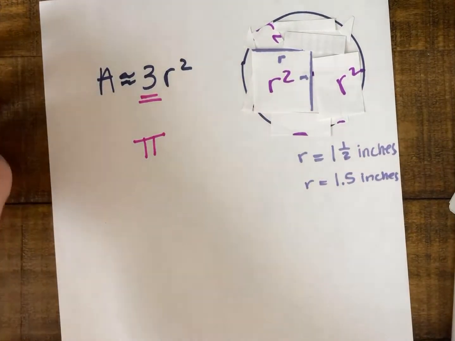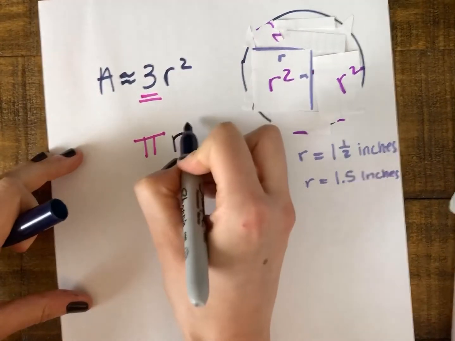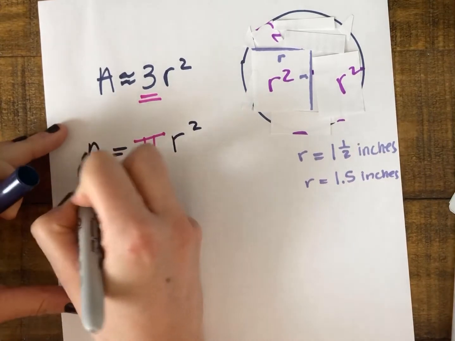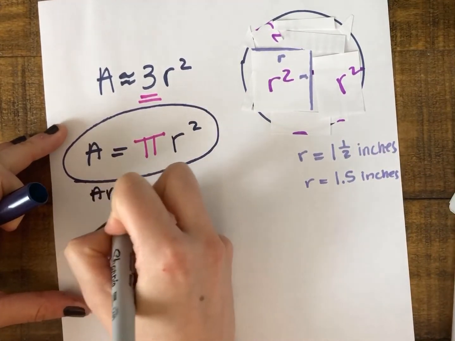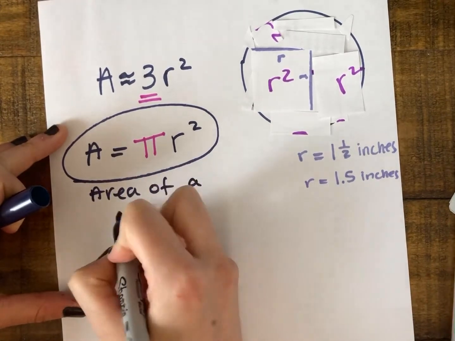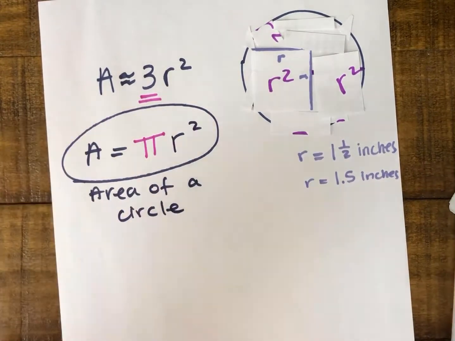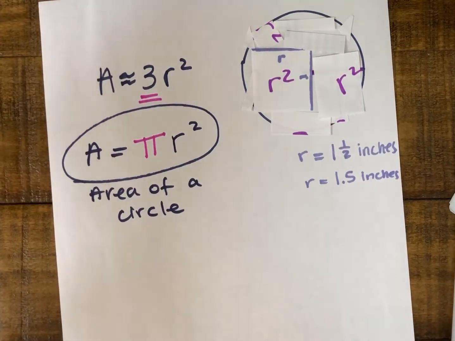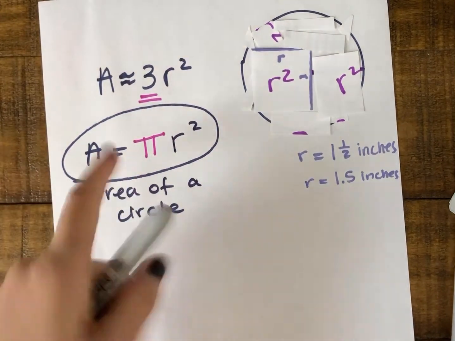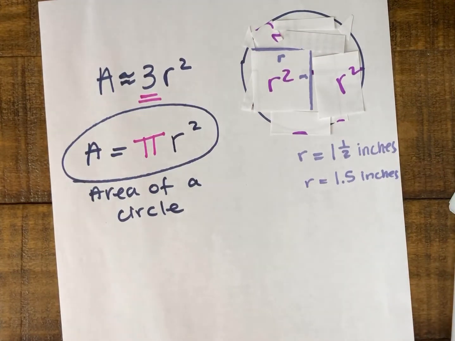Now, we wouldn't be able to do that, but this is the formula for area of a circle. There's that magical pi coming back up when talking about our circle here. So here's our magic formula for area of a circle.